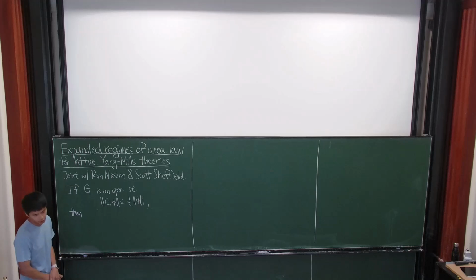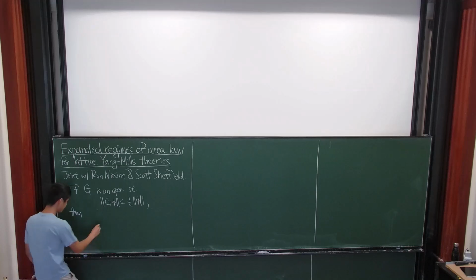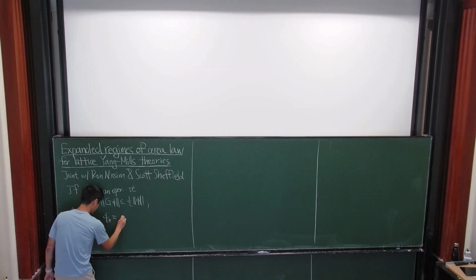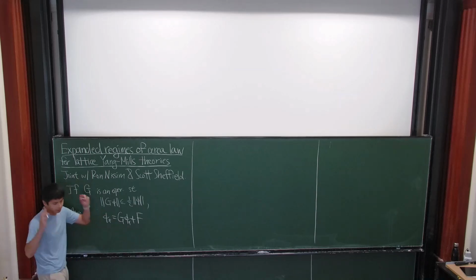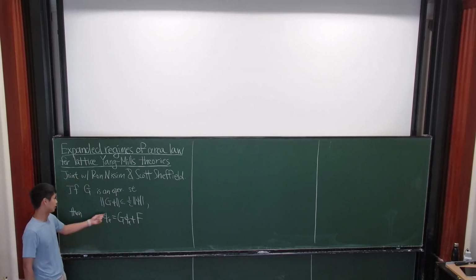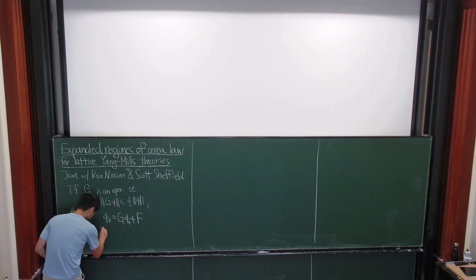Then any solution to linear inhomogeneous equations defined out of G, such as the following. So here F is some forcing term, and some element in your Banach space. And basically, once you have this contraction estimate, you can solve this inhomogeneous equation. And moreover, the solution is going to satisfy the following estimate on its norm.